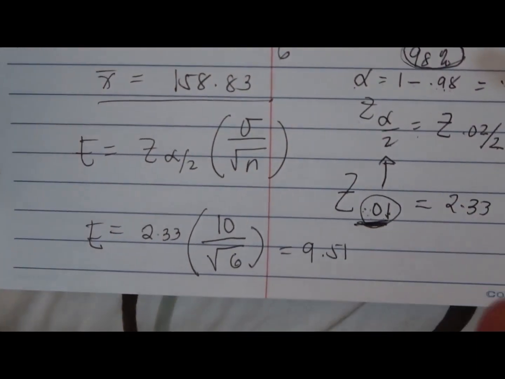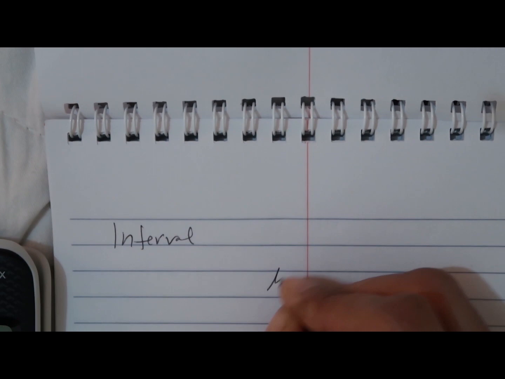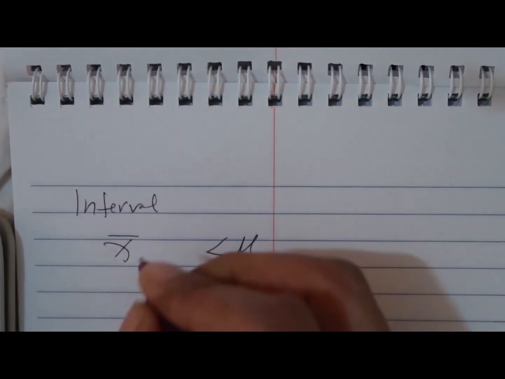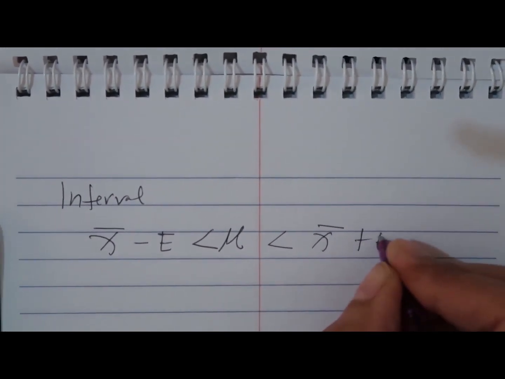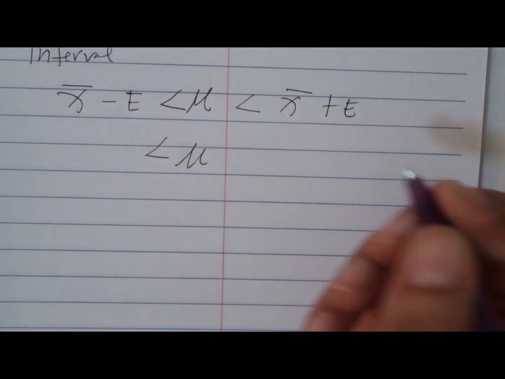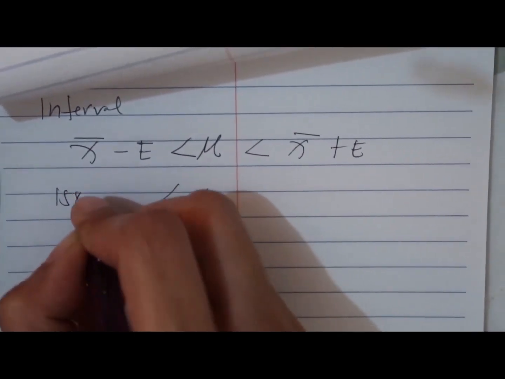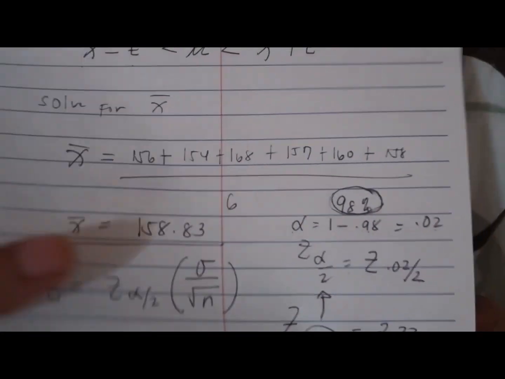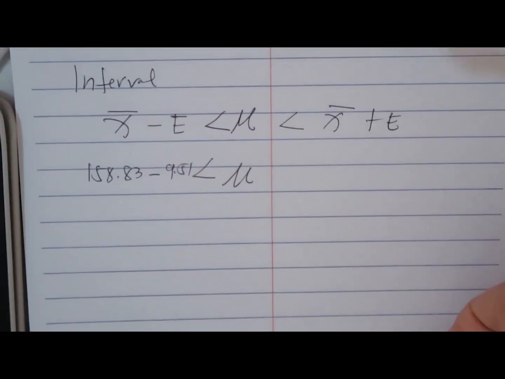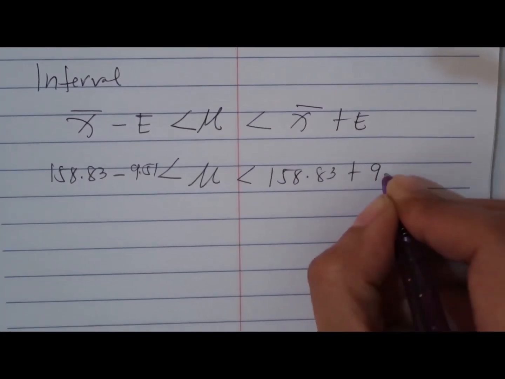9.51. So, to determine the interval, mu is greater than sample mean minus the margin of error, but less than sample mean plus the margin of error. So mu is greater than, what is your sample mean? 158.83 minus 9.51, but less than 158.83 plus 9.51.